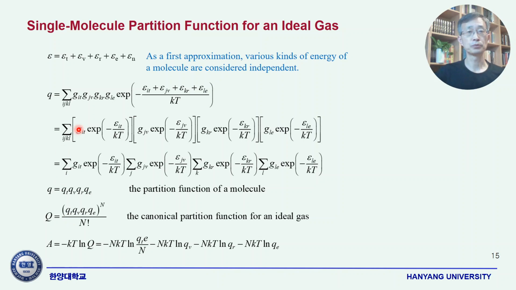Okay, so we need to know the single molecule partition function. Then the N molecule partition function is q to the N over N factorial, for indistinguishability. The total energy for a molecule is epsilon, which is the sum of translational energy, vibrational energy, rotational energy, electronic energy, and nuclear energy.